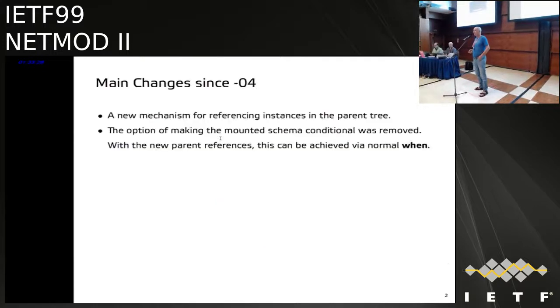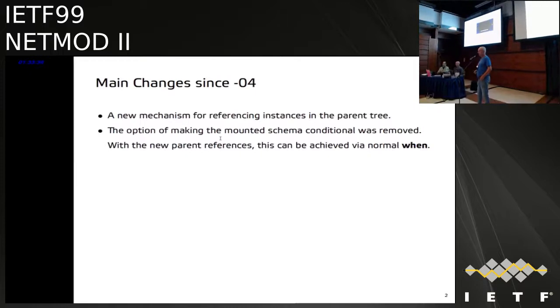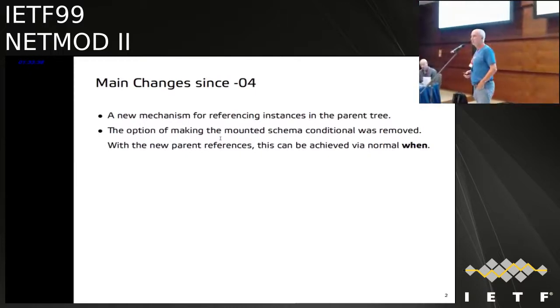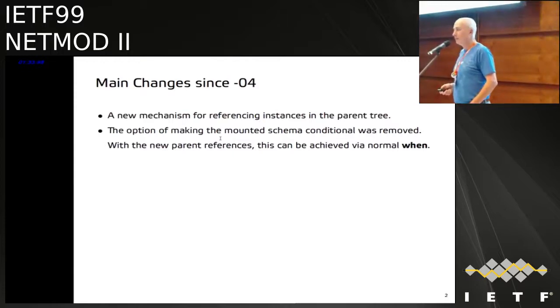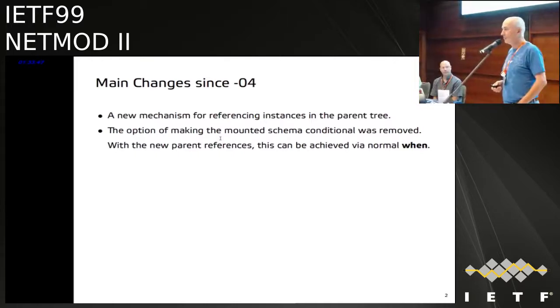Basically, the only main change compared to revision 04 that I presented in Chicago is a new mechanism for referencing instances in the parent tree. In Chicago, we had some discussion about that, and the previous mechanism didn't seem just right, so we tried to come up with something different. I will talk about that later.